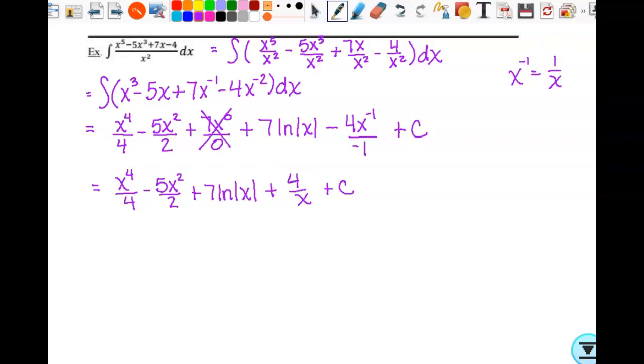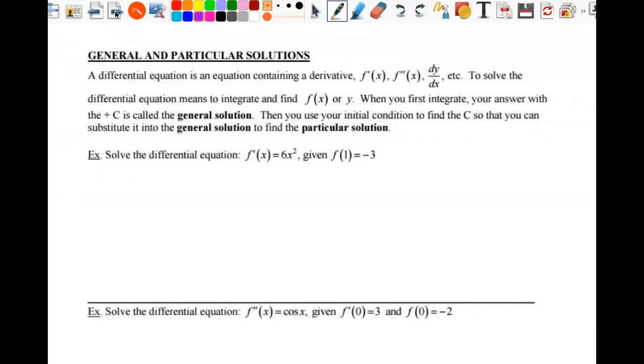All right, general and particular solutions. So a differential equation is an equation containing a derivative. To solve a differential equation means to integrate and find f of x or y, depending on what we're doing.